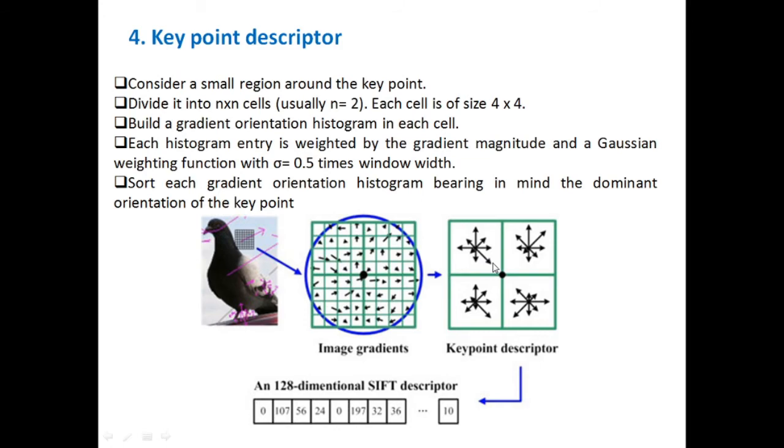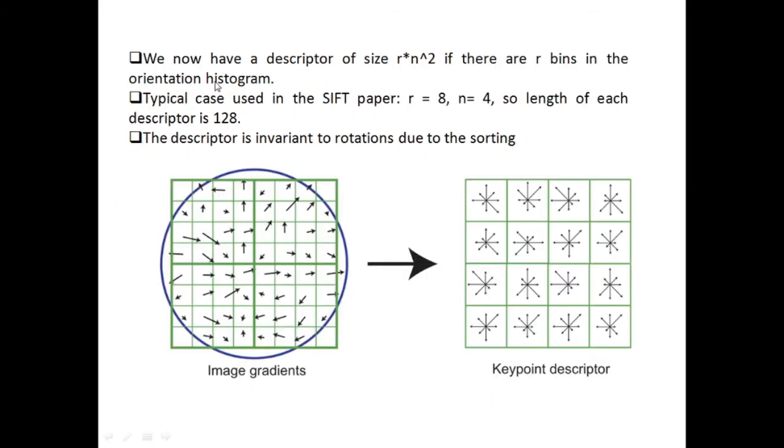That means the arrow is very long, meaning many bins are in the direction of southeast. So that is what it is giving. How is this 128 dimensional SIFT descriptor formed? Let us discuss how this is happening.